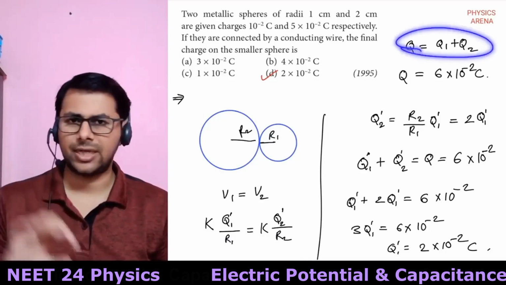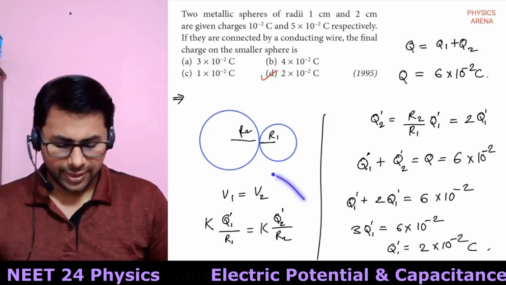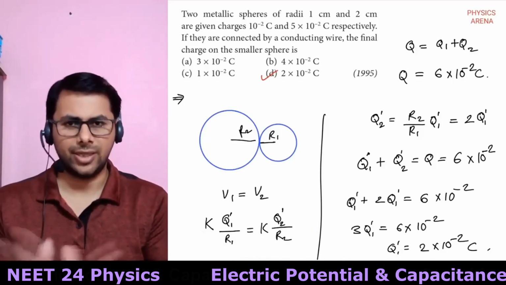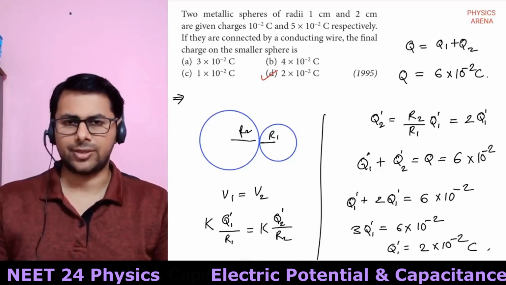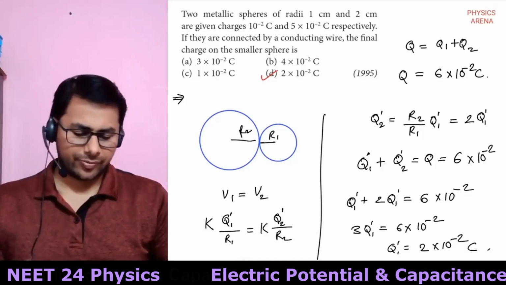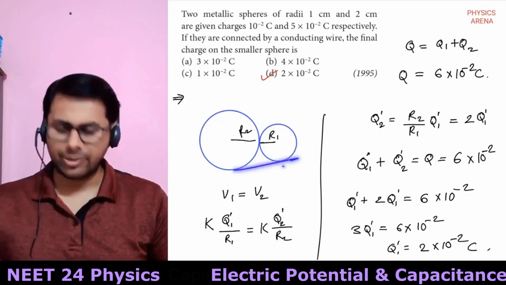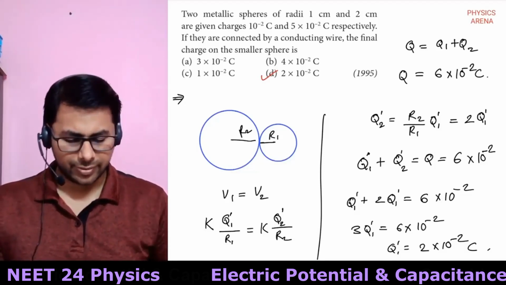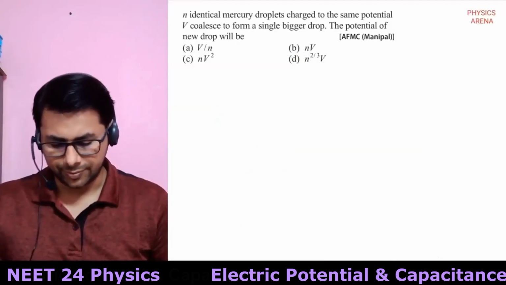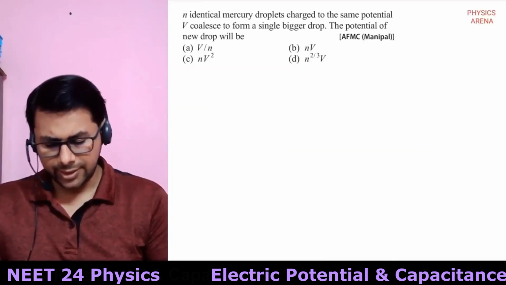One is the total charge remains conserved. Second, the potential becomes equal for both conductors, right? This is true for capacitors, and conductors can also be called capacitors. Then let's see the next one.